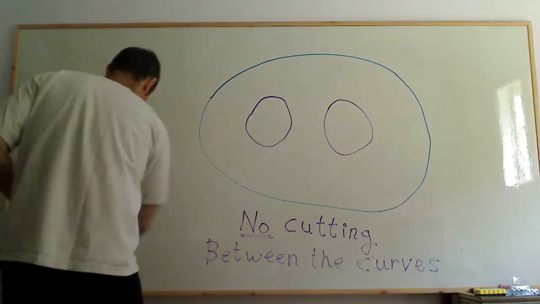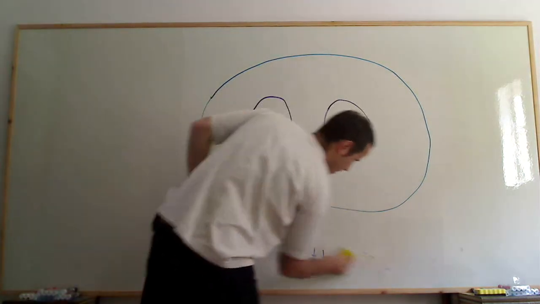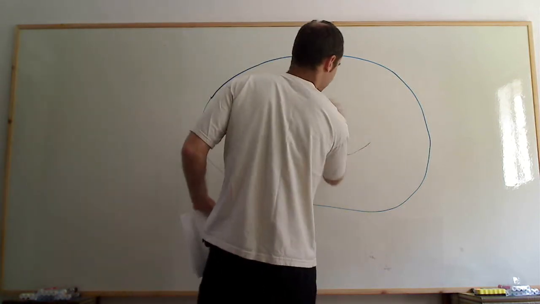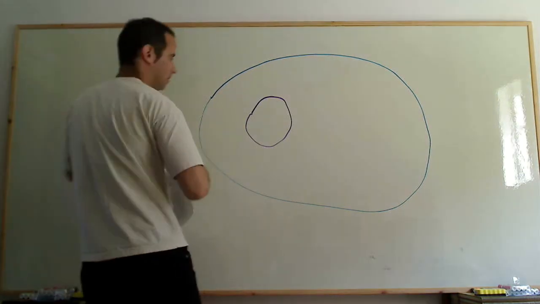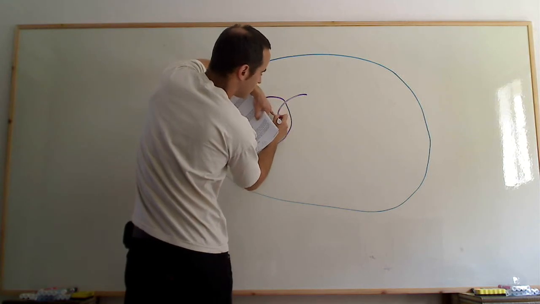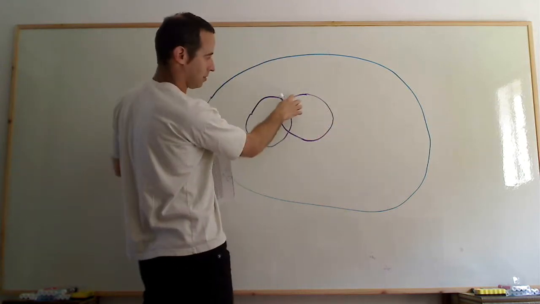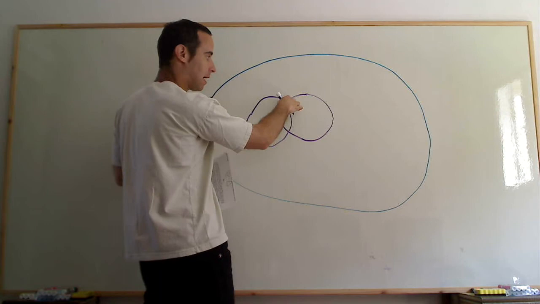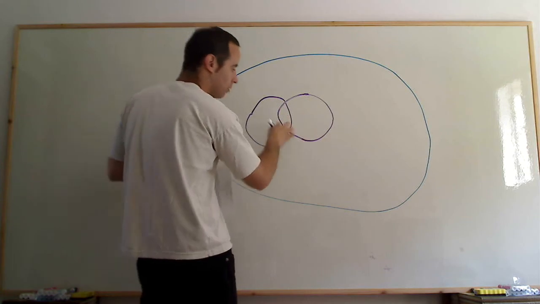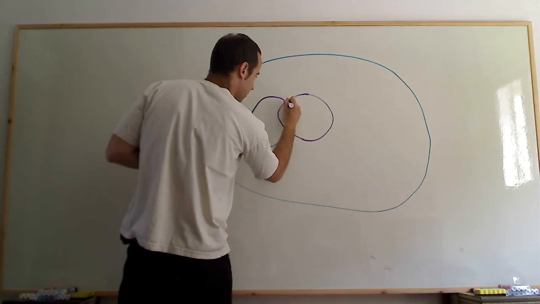And another option, if they do cut, then if one cuts the other one and it went in, it has to get out to be a closed curve, to close again. If we came from here and we went inside, and we want to come back and close here, we need to go outside, so we meet here and here.